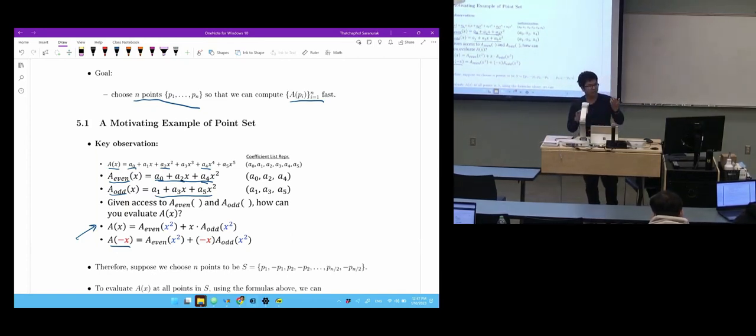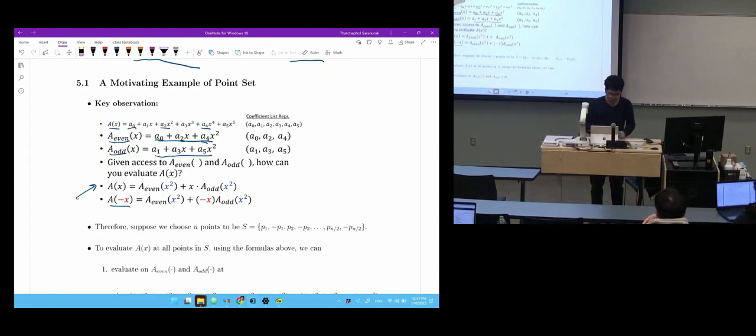This is kind of similar to integer multiplication. When you have 4 subproblems, you reduce it to 3. Here, from 4 subproblems, I kind of reduce it to 2. But okay. Anyway, right now you just need to observe that it seems like now you can reuse stuff. Now, more formally, suppose that I want to choose n points like this.